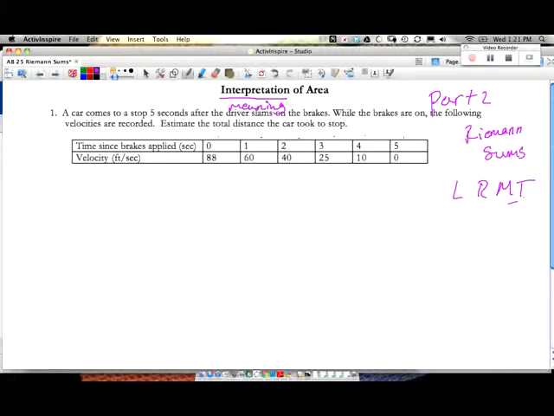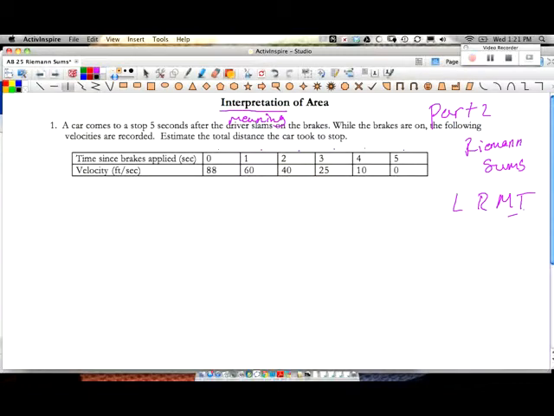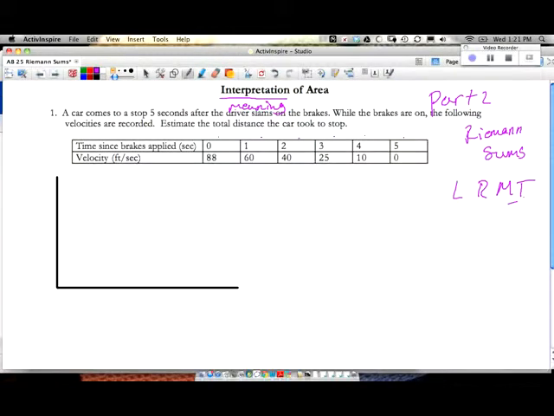So let's start. Area. We've got vertical and horizontal lines. So there's a vertical line, here's a horizontal line. We're looking at this from 0, 1, 2, 3, 4, 5. So let's split it up here. We've got 1, 2, 3, 4, 5.